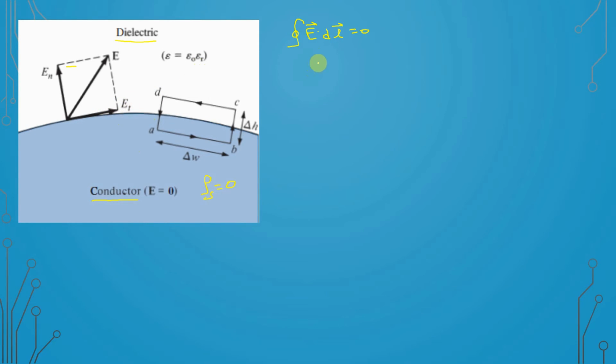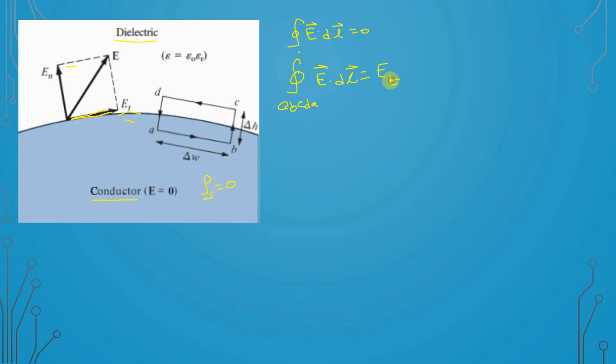So you can write, for A, B, C, D, A, the integral of E dot dl equals Et delta w, because inside the conductor we do not have any component of electric field.